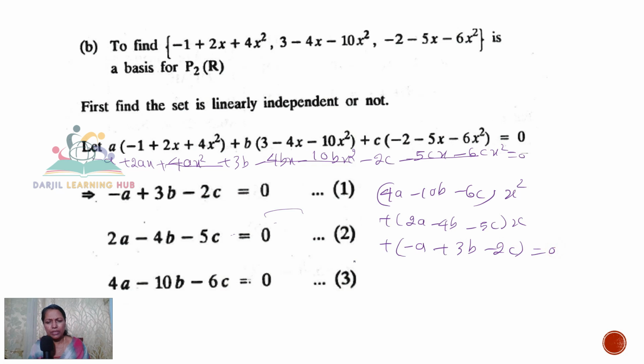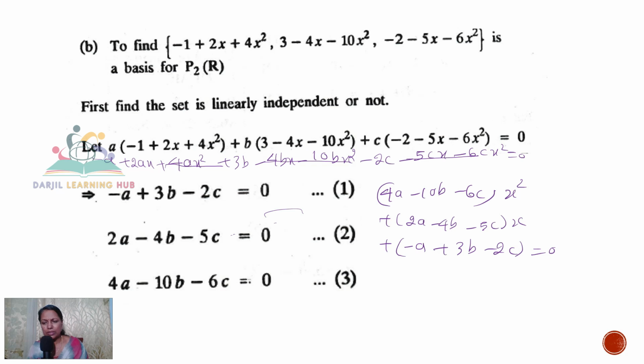So equating the coefficients, we will be getting the first equation, minus a plus 3b minus 2c equal to 0, the second equation, 2a minus 4b minus 5c equal to 0, and 4a minus 10b minus 6c equal to 0.